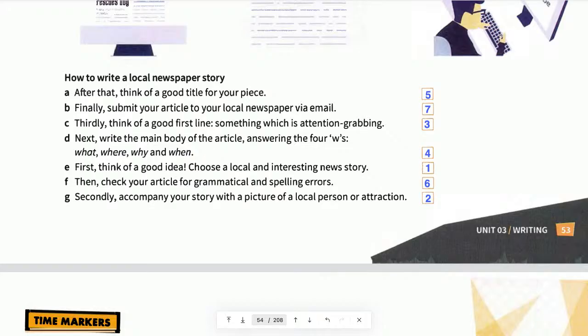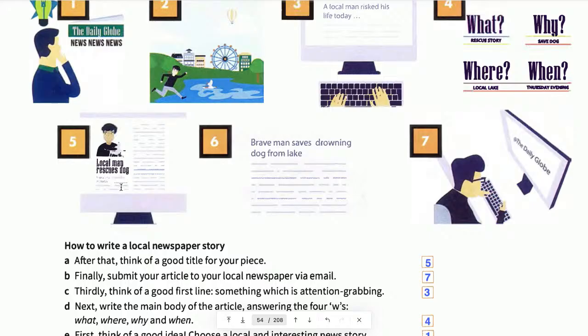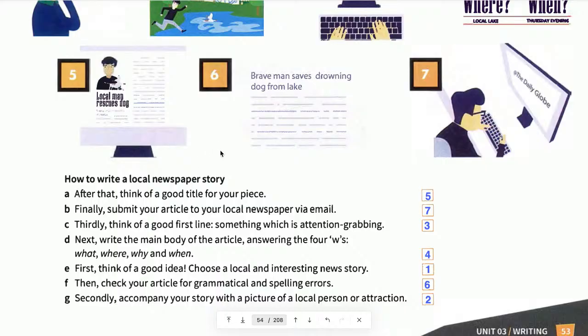Now, number 5. After that, what should we do? You see local map, rescues dog or something. So we need what? Yeah. After that, think of a good title for your piece. So 5A. 6.